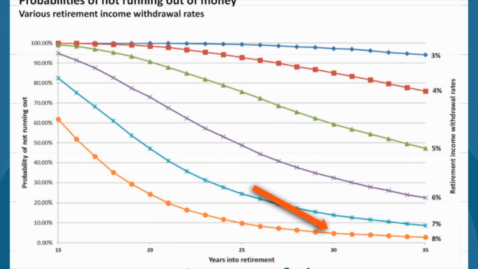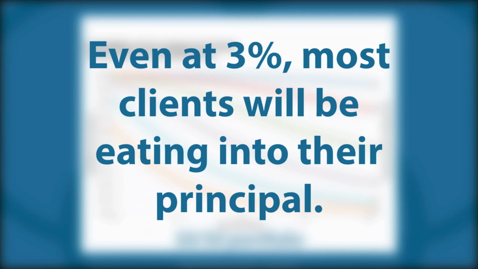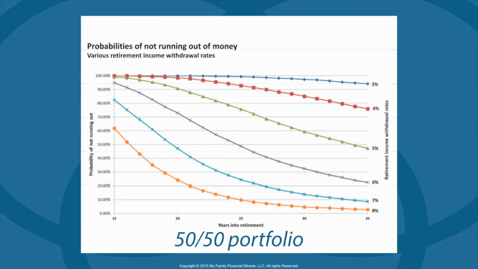But at the 8% line, there is a 90% probability that they will run out of money. Notice that all the lines are angled down. Even at 3%, most clients will be eating into their principal. There will be some that will get lucky and have more than they started with, but most will wind up with less and possibly even deplete their entire nest egg. It all depends on the sequence of returns.